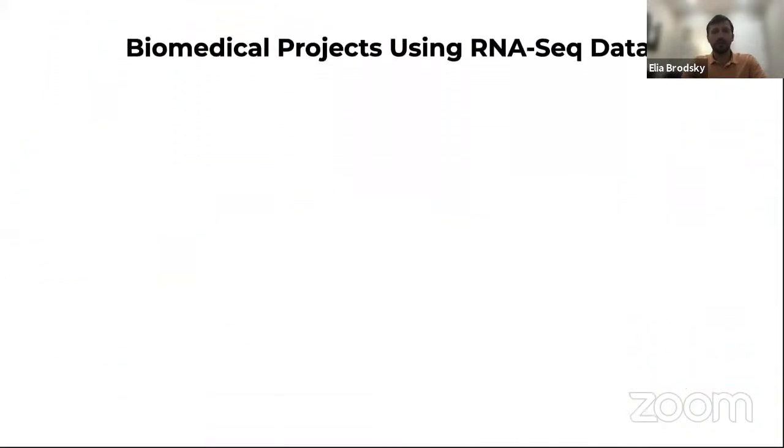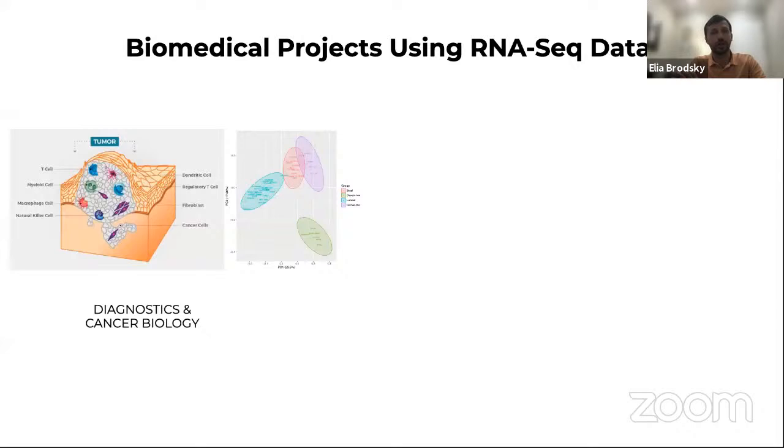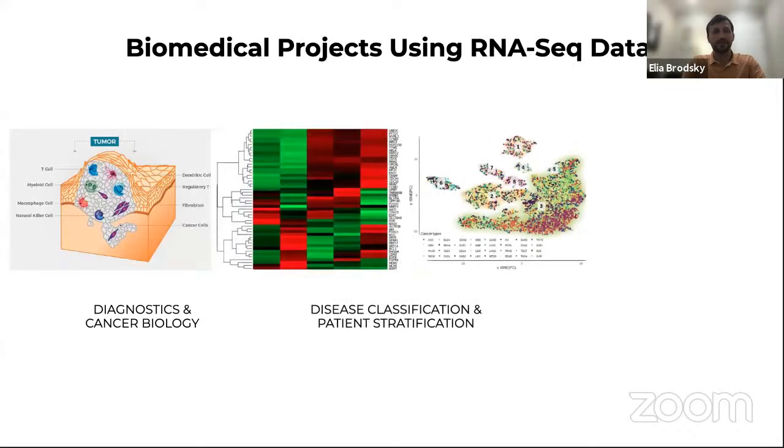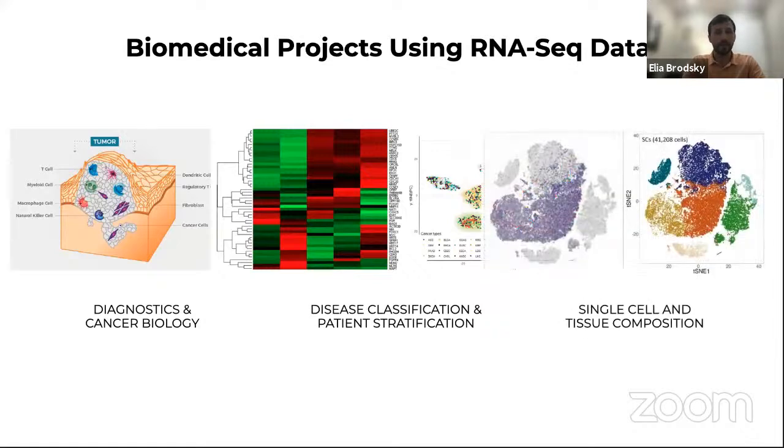So what's important here is that you will find many interesting and important biomedical projects that can leverage RNA-seq data for diagnostics and cancer biology understanding, for disease classification and patient stratification, which are so important for clinical trials and understanding of real patient populations that need to be treated, as well as single cell and tissue composition.